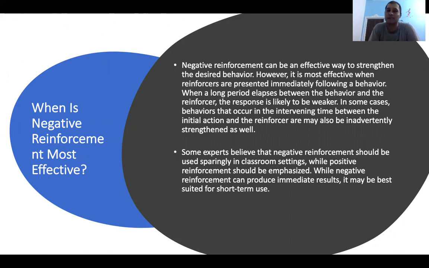In some cases, behavior that occurs in the intervening time between the initial action and the reinforcer may also be inadvertently strengthened. Some experts believe that positive reinforcement should be emphasized. While negative reinforcement can produce immediate results, it may be best suited for short-term use.